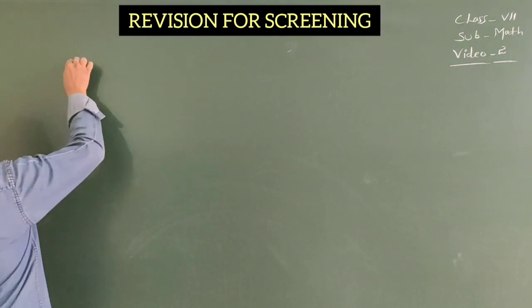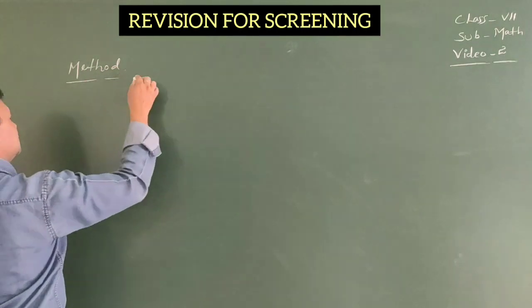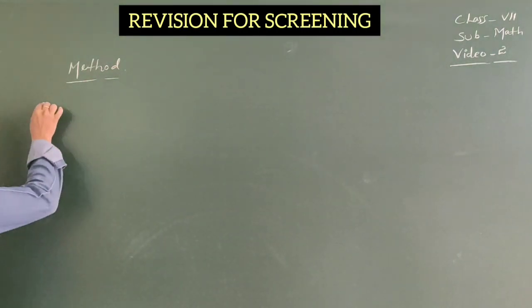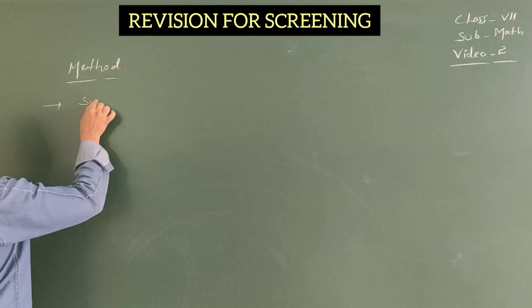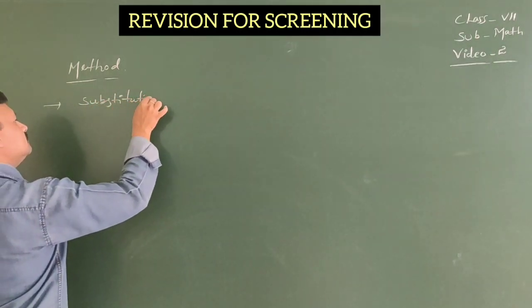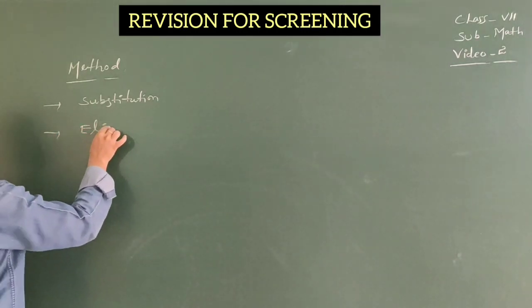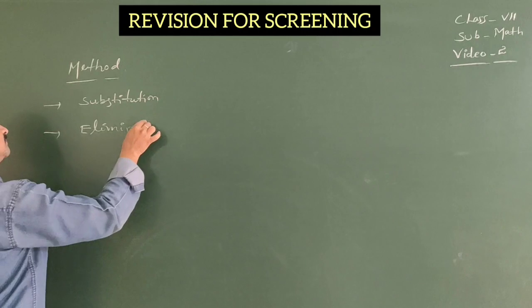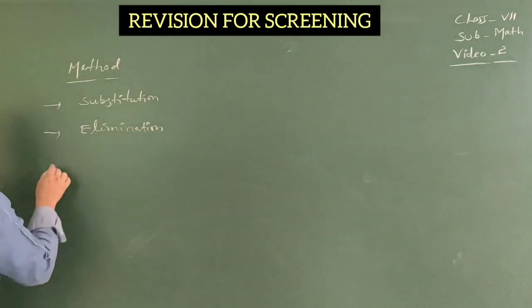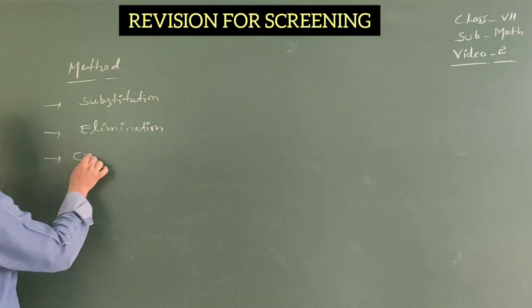Solution. Methods of solving the given simultaneous linear equations. Here we have substitution method, elimination, and the third, cross multiplication method.